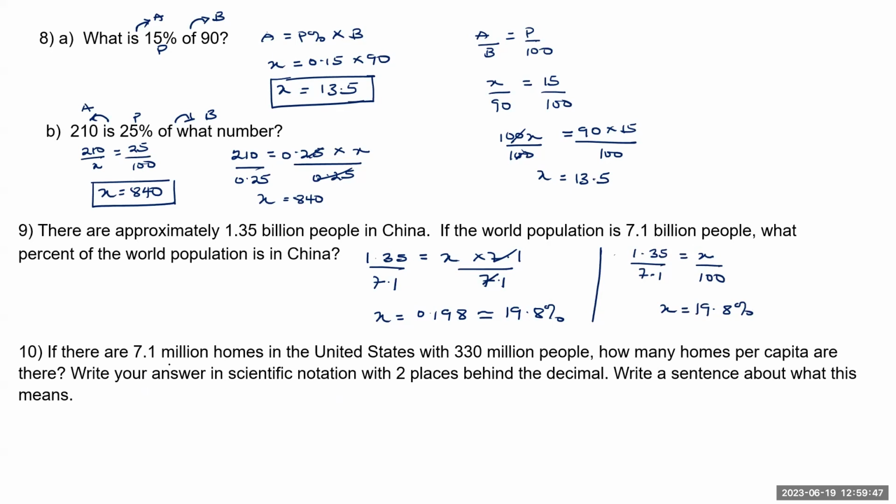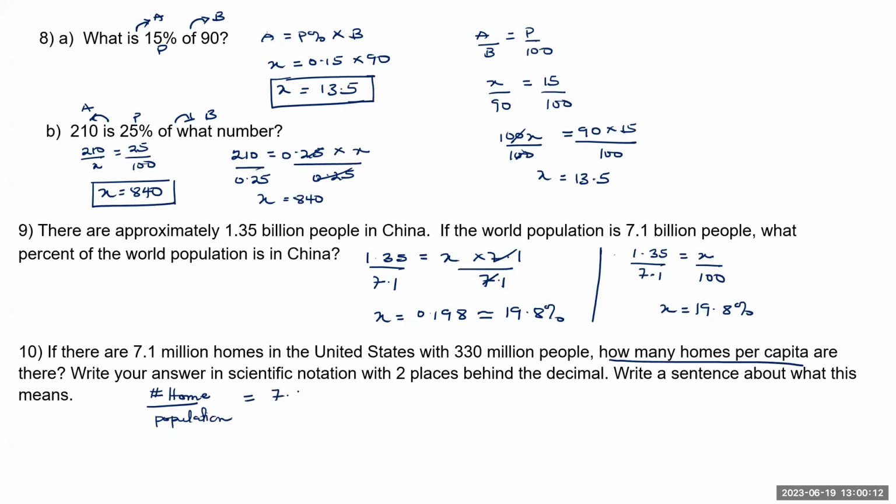It says that if there are 7.1 million homes in the United States with 330 million people, how many homes per capita? So we're told to find how many homes per capita there are. So you are looking at the ratio of the number of homes divided by the population, or the number of people.